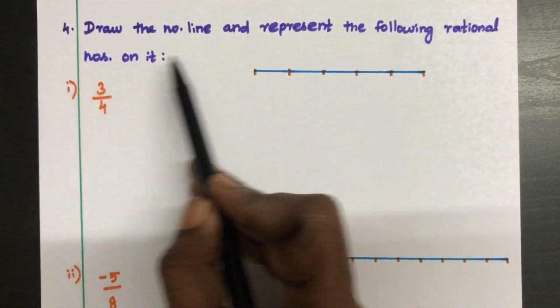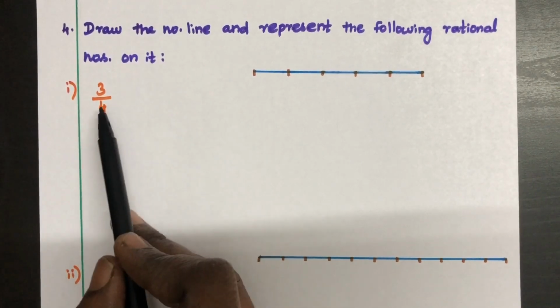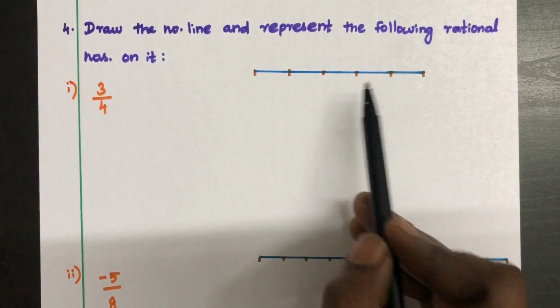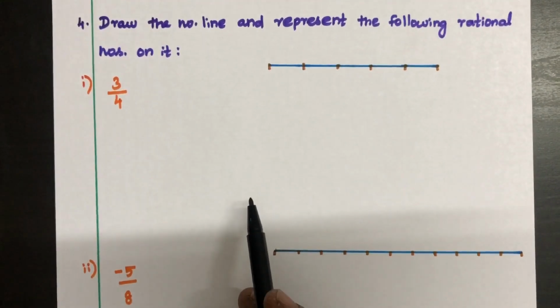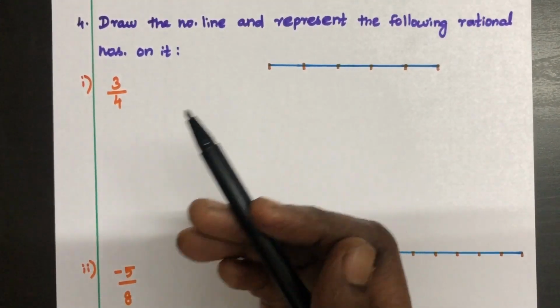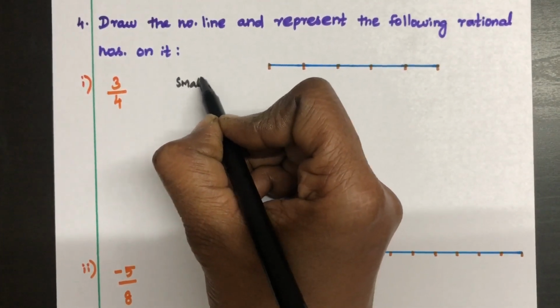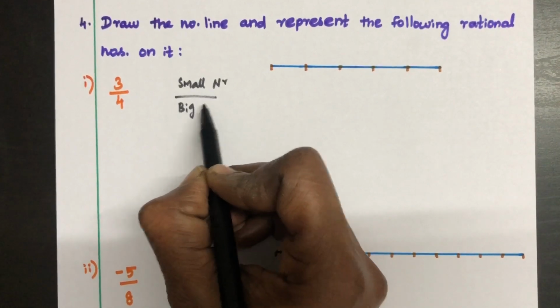Fourth question, draw the number line and represent the following rational numbers on it. See, 3 by 4. We are going to represent this 3 by 4 in this number line. First of all, what you need to note here is whether this is a proper fraction or improper fraction. Proper means small numerator divided by big denominator.